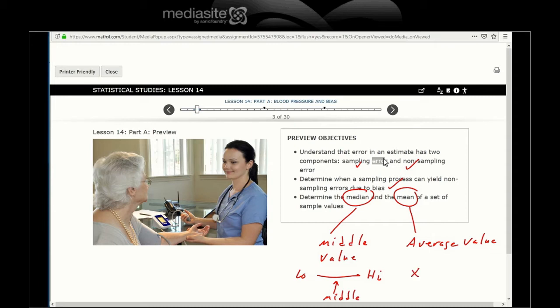For the mean, we're going to add everything up and divide by how many. So there are little differences between them. Sometimes they're very close.